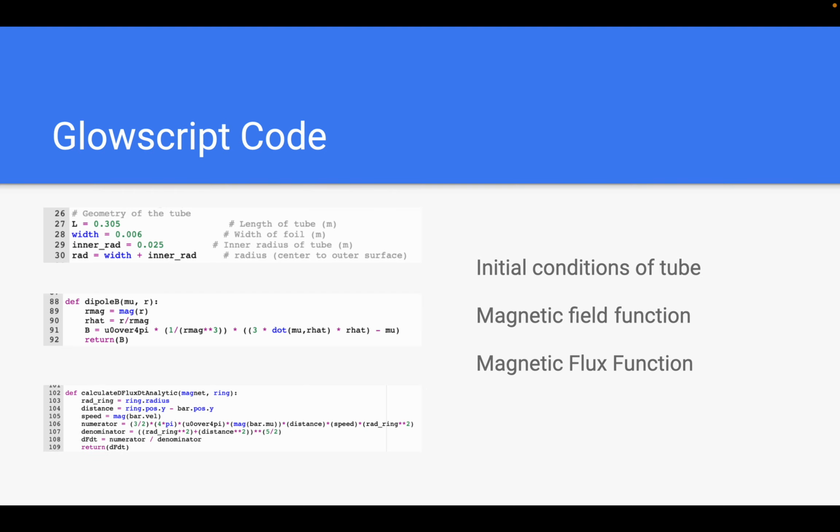And then for the GlowScript code, we pretty much did the same experiment, but now computationally, so probably fewer sources of error, because in real life there could be some gravity errors or air resistance errors. Here in the first screenshot we have the initial conditions of the tube, then the magnetic field function, and the magnetic flux function that we need to find the current and how long the magnet is going to take to get down.